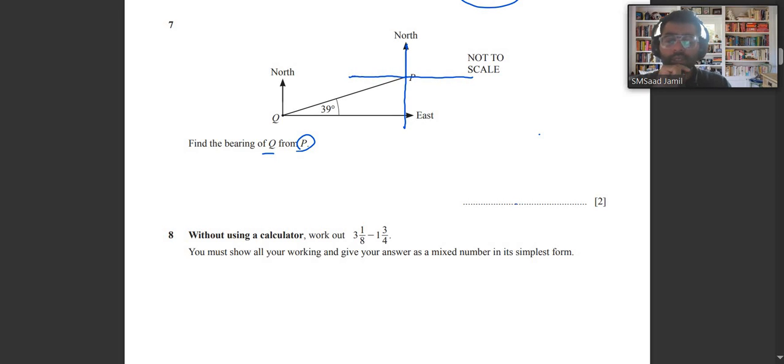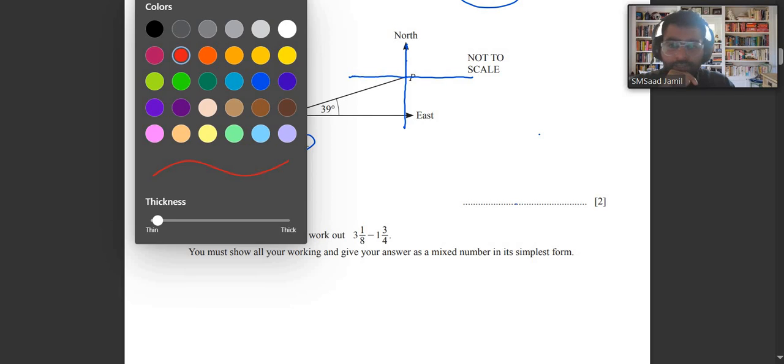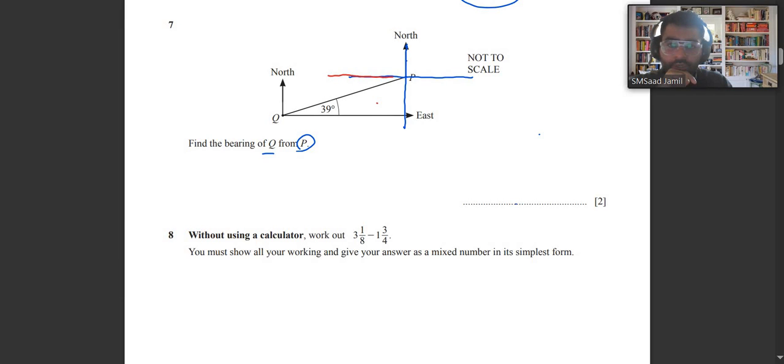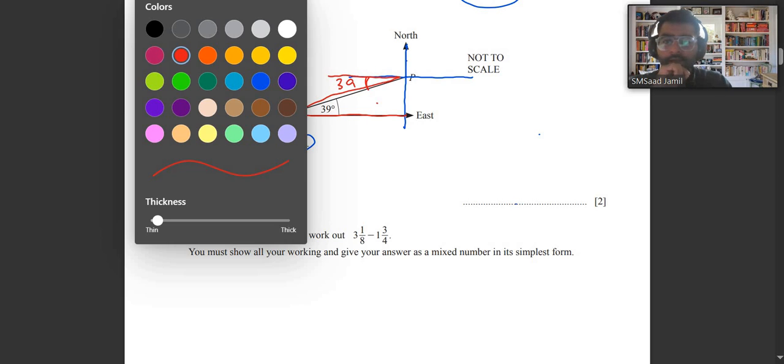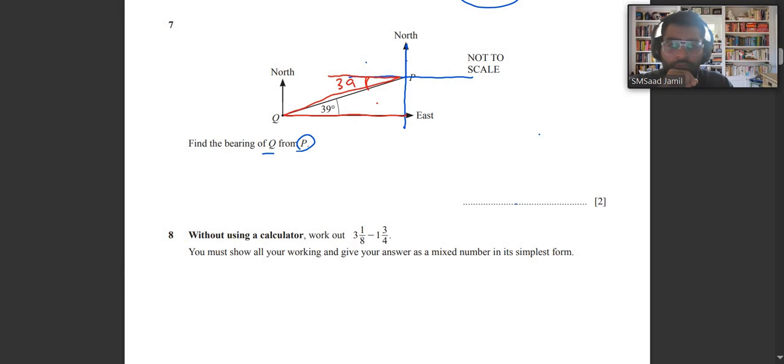Okay. Now if you look at it, this is P, we have to start from here, and this is like an alternate angle. So this means this thing is 39. Now from P all the way up till here it's 270 degrees.